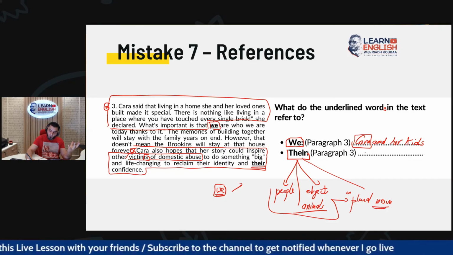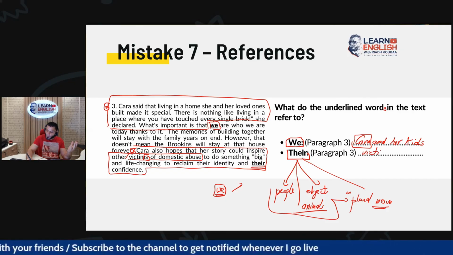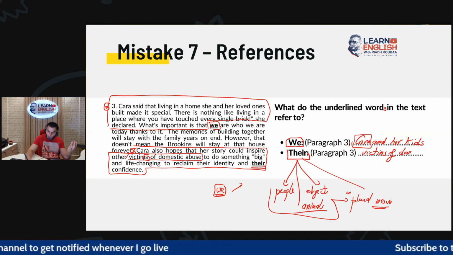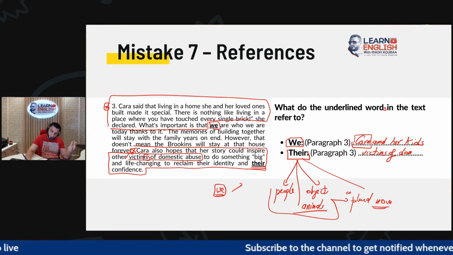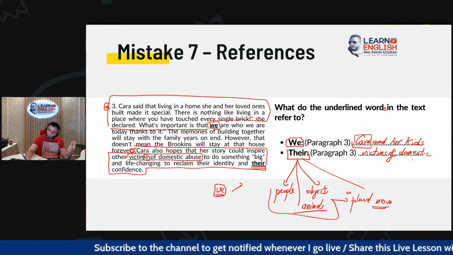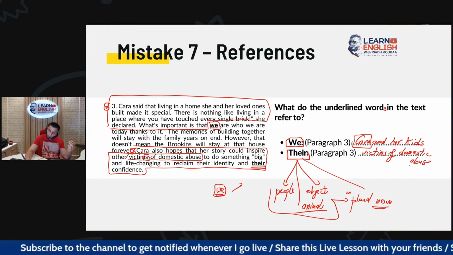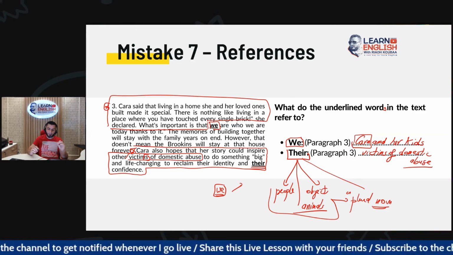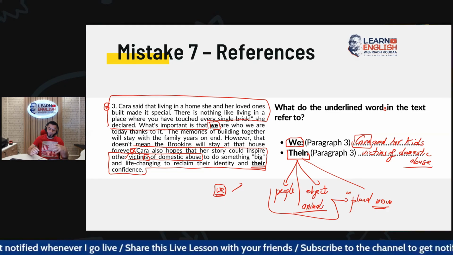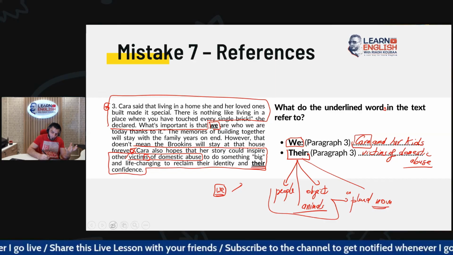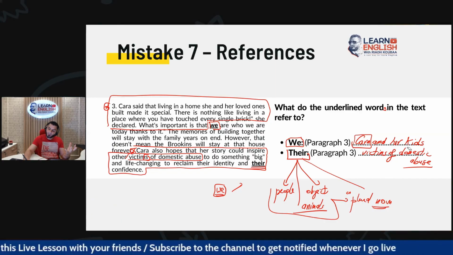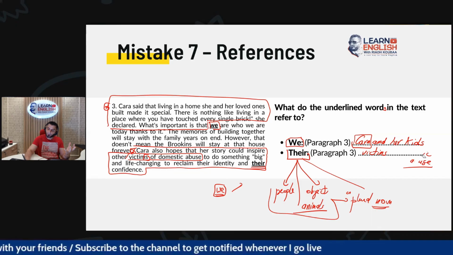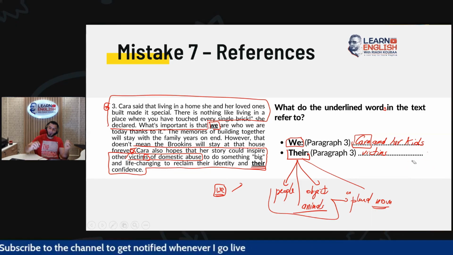So it refers to victims of domestic abuse. So those victims. So it refers to those victims. So I will just keep it this way.